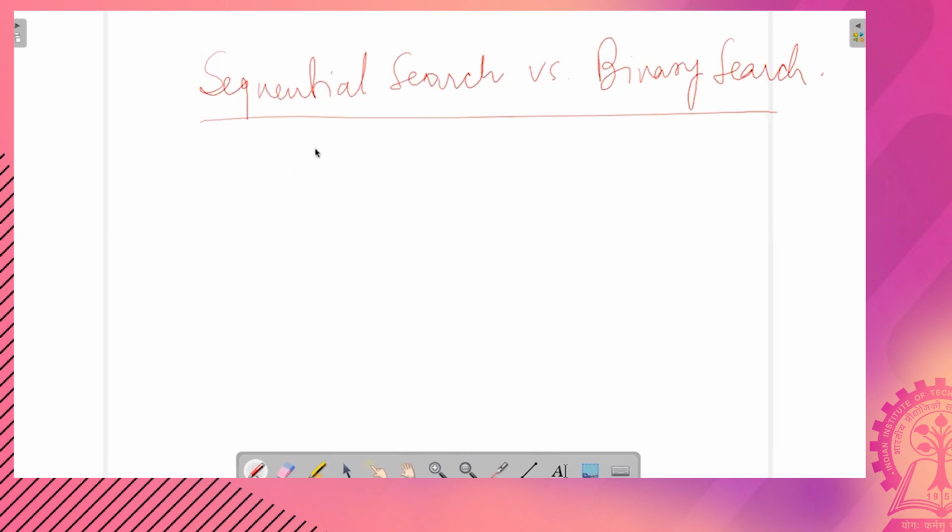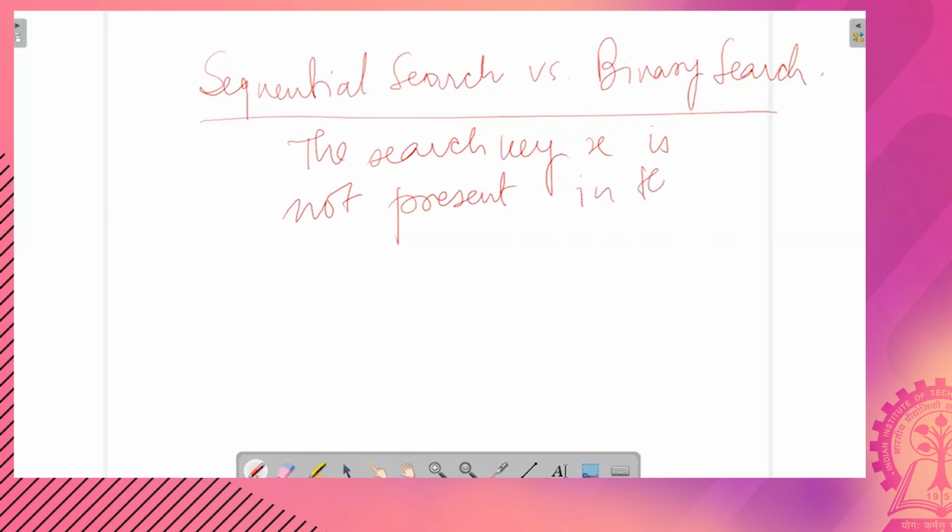So for the sake of argument, let us assume that the search key X is not present in the array S. Okay, so this is our condition. We will assume that the search key X is not present in the array S.